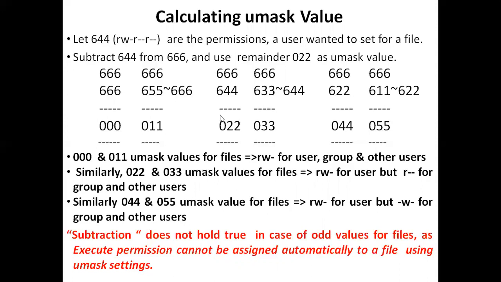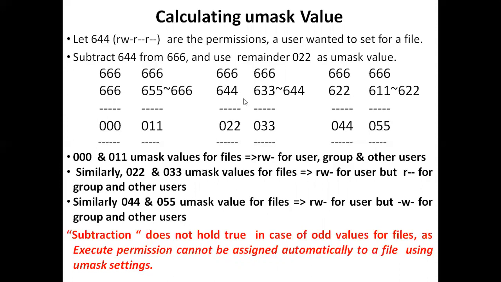Similarly, if the user is using 022, then 644 is the default set of permissions. If 033, then 633 is the default set of permissions. But 633 will be treated as 644.